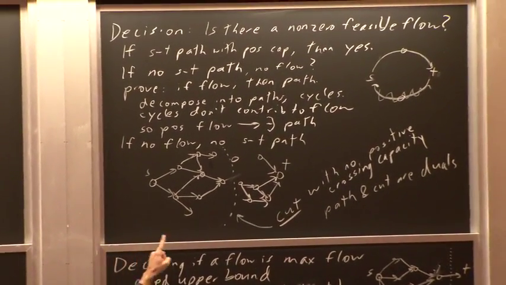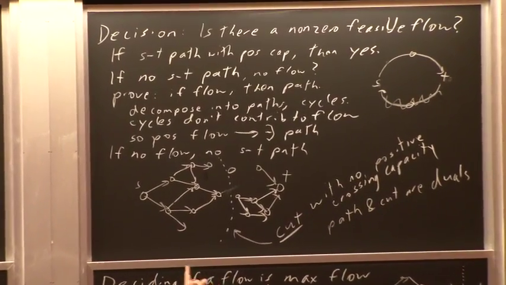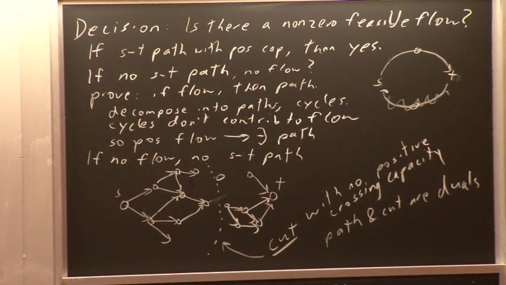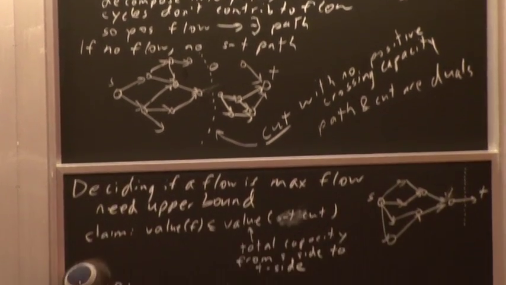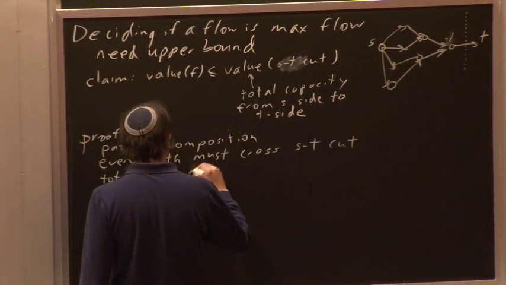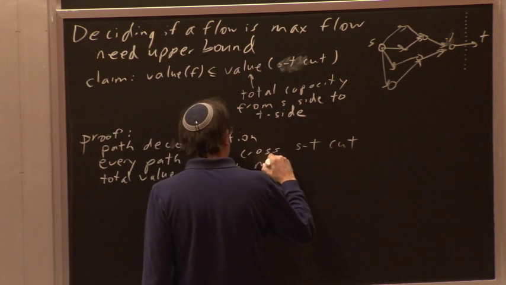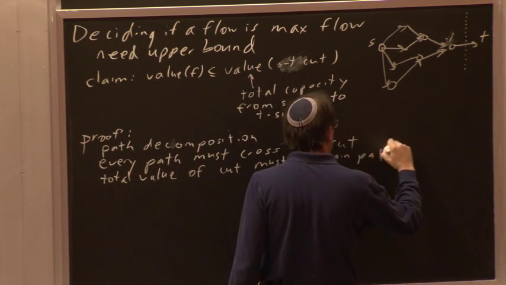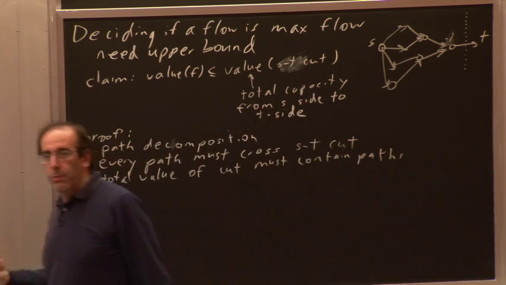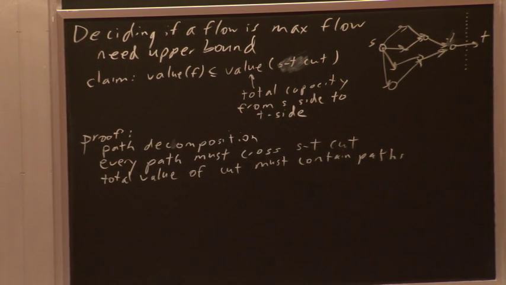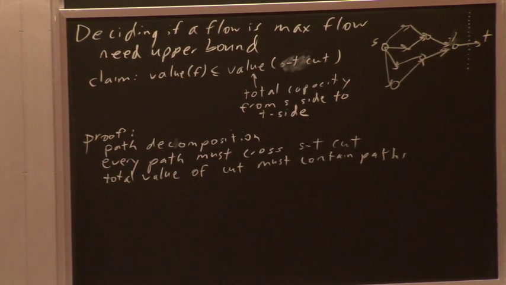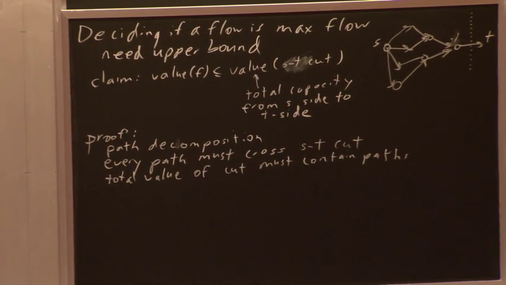If the path doesn't cross the cut, then it can't get all the way to the T. Okay? And so the theorem holds that the total capacity of the edges crossing that cut has to be larger than the amount of flow that's crossing the cut.